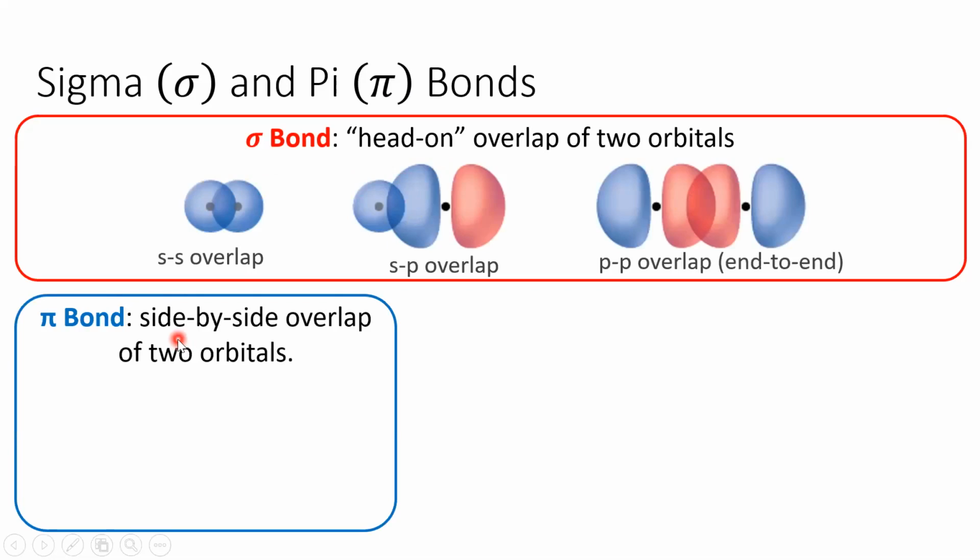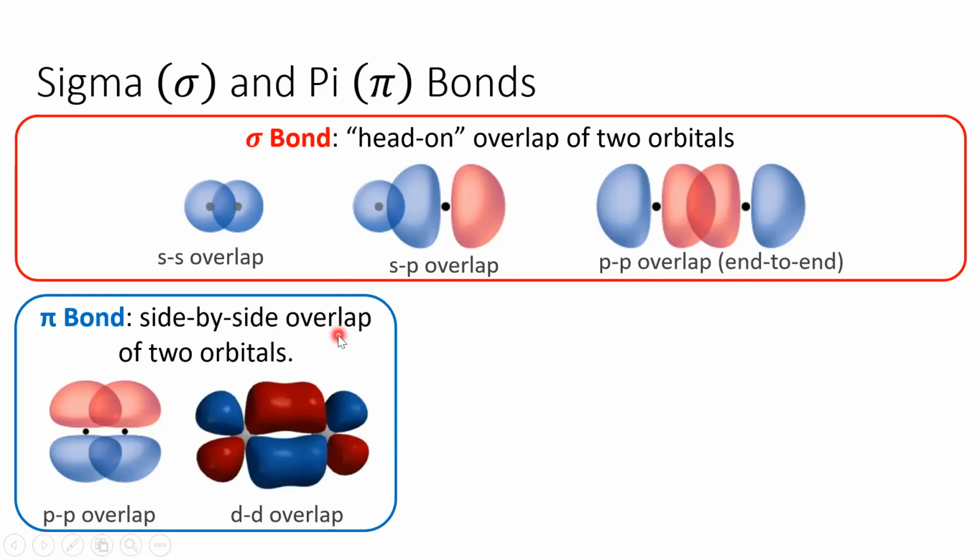Pi bonds are bonds that form when the orbitals are side by side. As an example, this is a p orbital and this is a p orbital, and they're overlapping side by side, as opposed to up here when they were overlapping head on. We're going to have less overlap here than we are here.